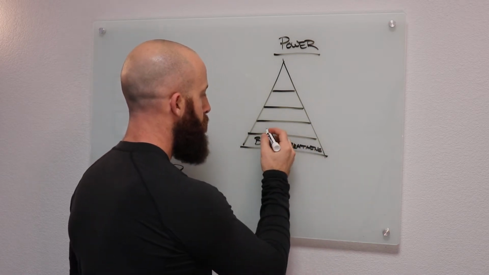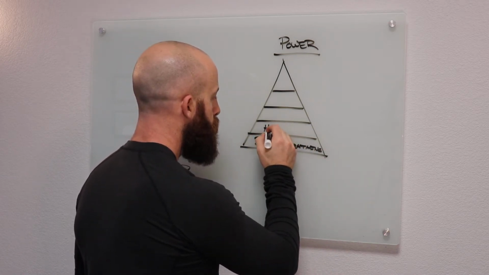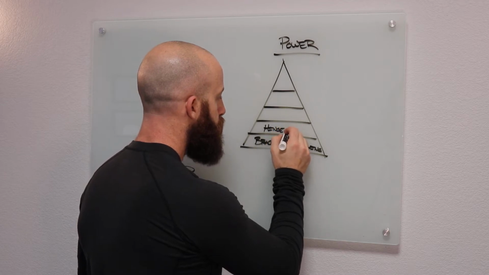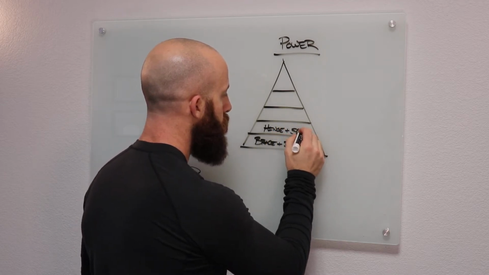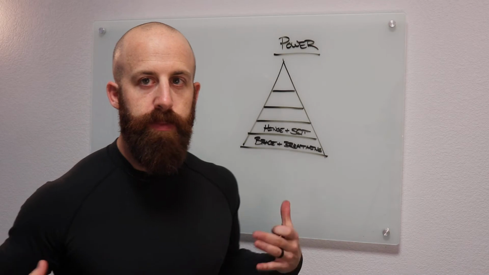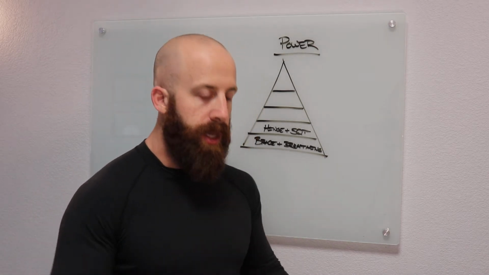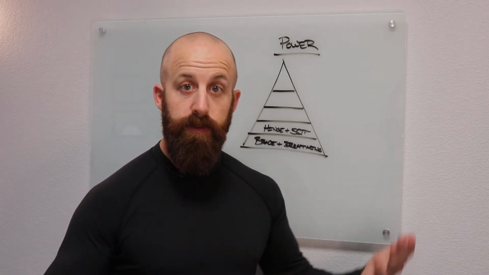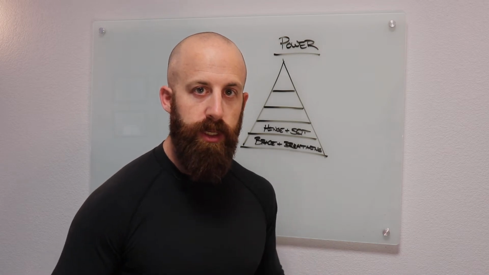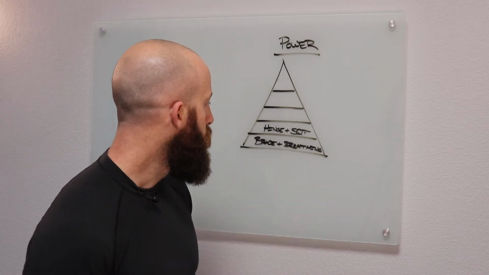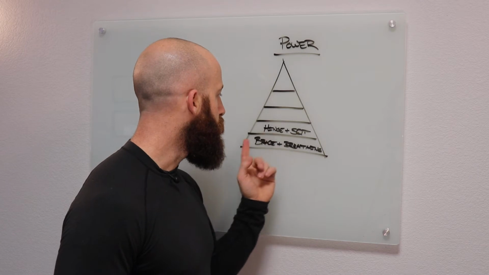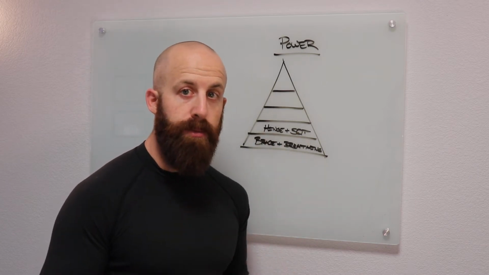On top of that is hinging and squatting. Hinging is hinging at the hips, spine straight, being able to hinge over. Squatting, obviously, is being able to physically get your hips down towards your heels in a squat pattern. These are movements that we did learn through primal movement.